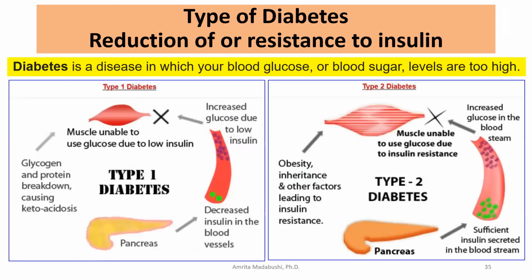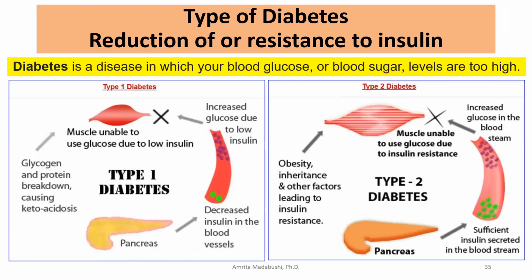So types of diabetes, there are 2 types of diabetes, as you might know already. There is type 1 and type 2. In case of type 1 diabetes, the pancreas, there is decreased insulin in blood vessels, and as a result there is an increase in glucose level, because there is not so much insulin, right?